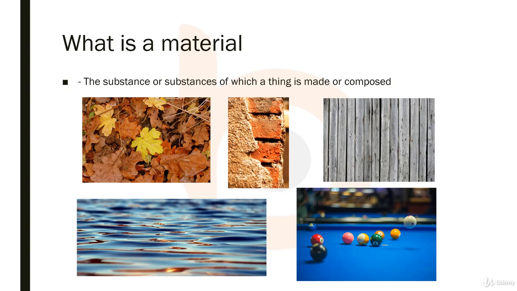So I show you some samples of leaves, a brick, a sort of wooden wall, water, and some shiny balls. And they all look really different from each other. I mean, you cannot compare the shiny balls with the brick. But why is this? In fact, we can say they look shiny because they are smooth and the rock looks really rough.